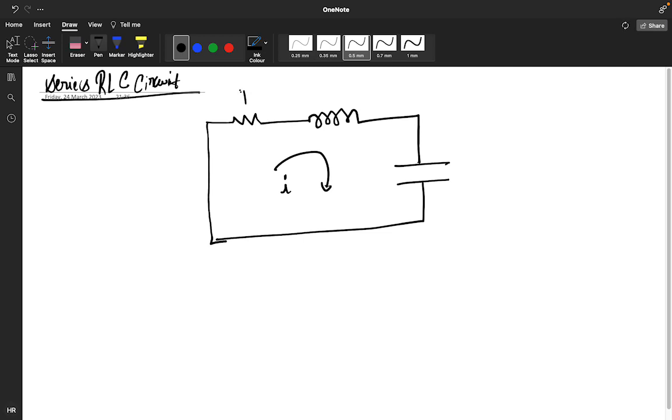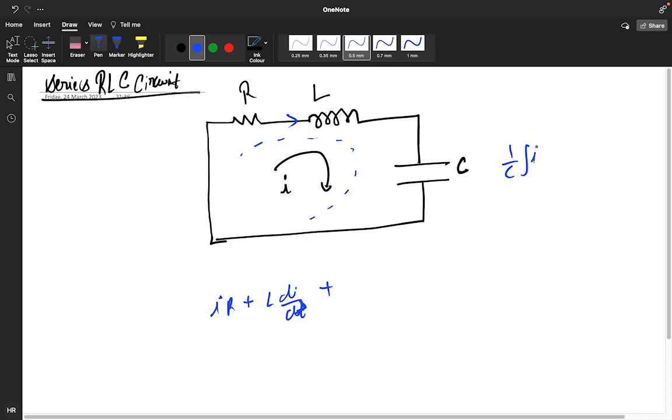This is R, this is L, this is C. If you draw this circuit and apply the KVL, what will you get? IR plus the voltage across the inductor, which is L di by dt, plus the voltage across the capacitor, 1 by C integral of I dt, equals 0.